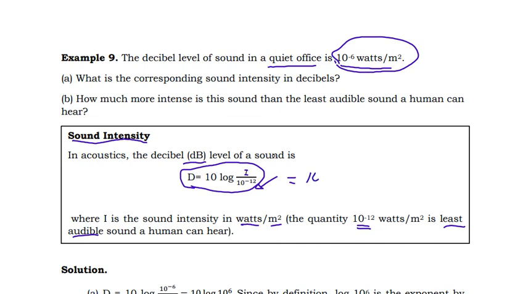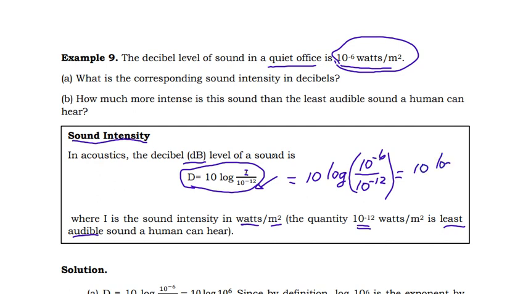That is 10 times log of I, which is 10 to the negative 6, over the constant 10 to the negative 12. Of course, we don't have any base written, and that means base 10. We simplify first.